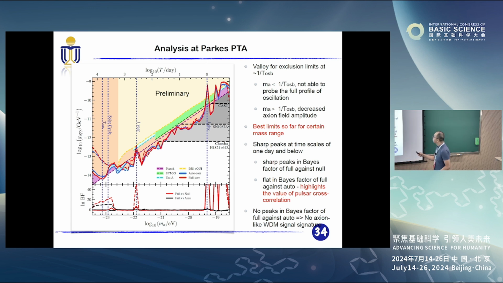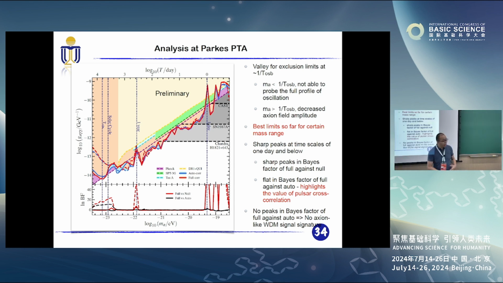If the mass is smaller than the inverse of the observation time span, then the oscillation period of the signal becomes longer than the observational time span. So the PPA will not be able to probe the whole oscillation profile of the signal.